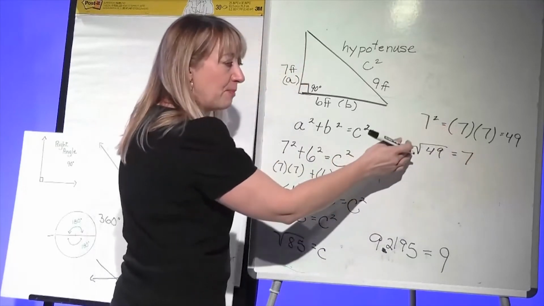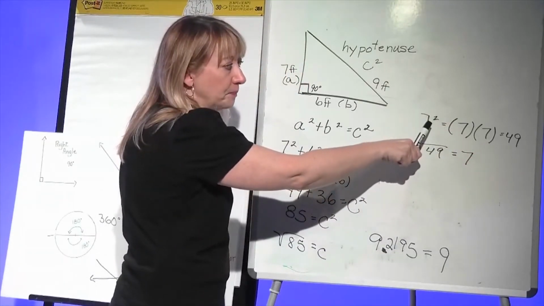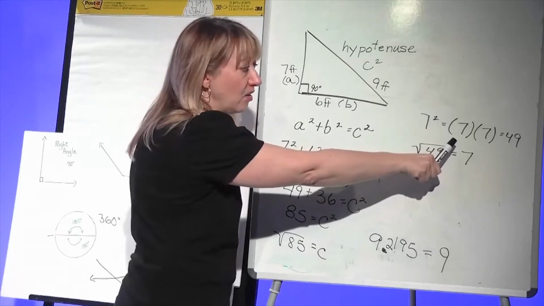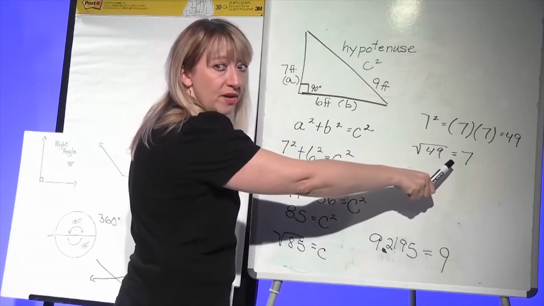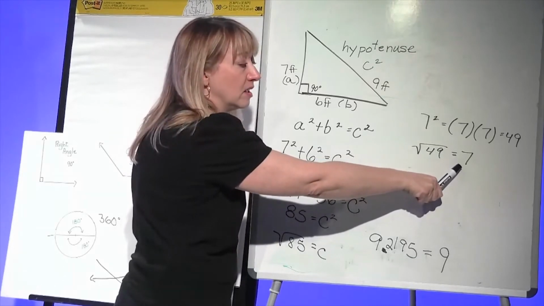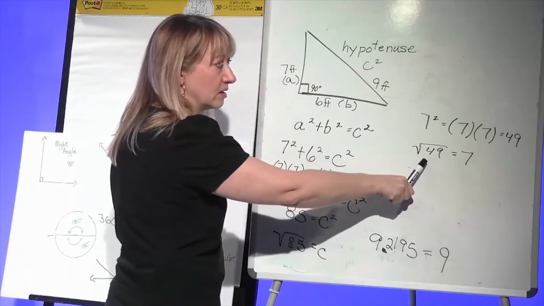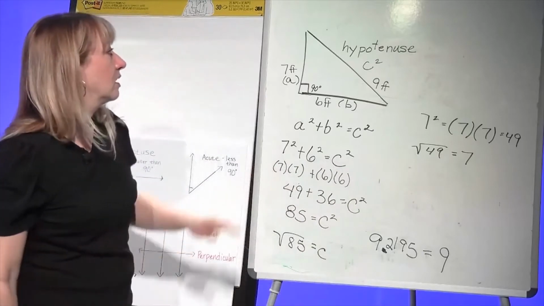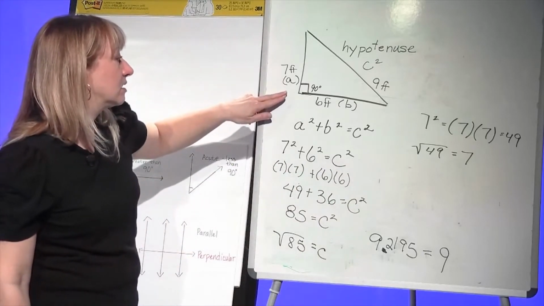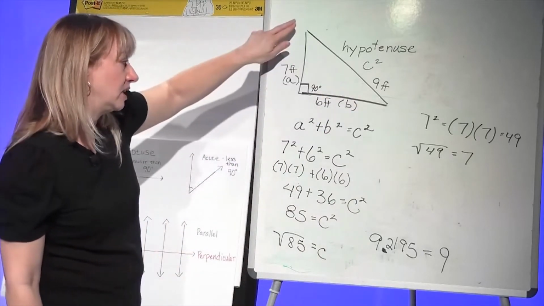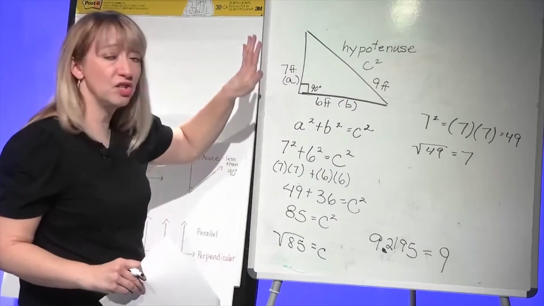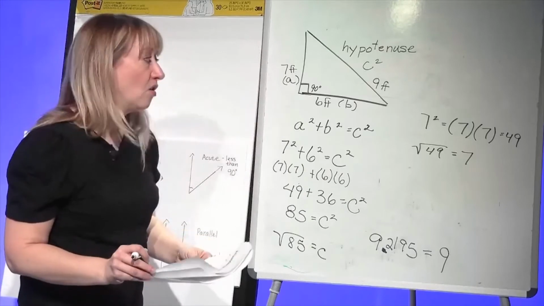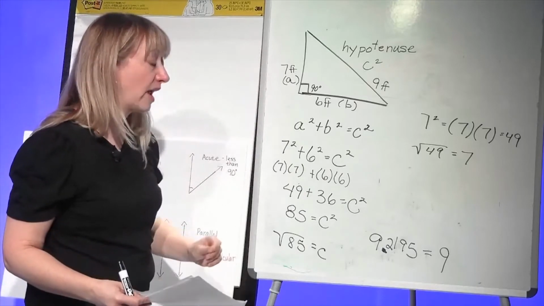So you're just doing the opposite here. If you square something, you multiply it by itself. To take the square root of, you're trying to figure out what number do you multiply by itself to get here. So we have 7 feet, 6 feet, and then 9 feet. Again, you want to make sure you remember you're only using this for a right triangle.